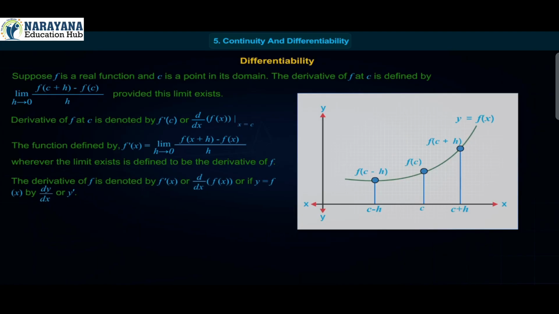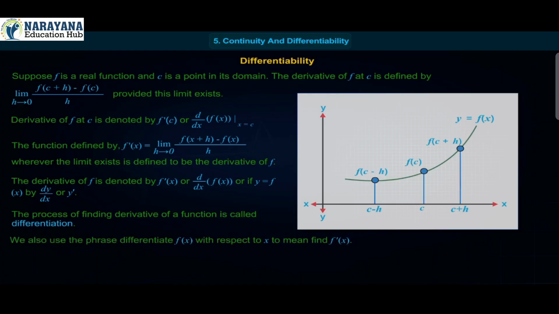The derivative of f is denoted by f'(x) or d/dx f(x), or if y = f(x), by dy/dx or y'. The process of finding derivative of a function is called differentiation. We also use the phrase differentiate f(x) with respect to x to mean find f'(x).